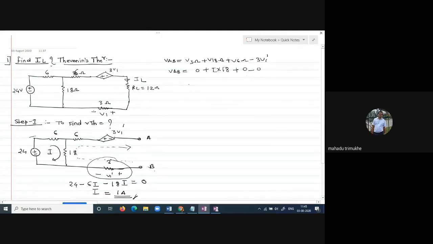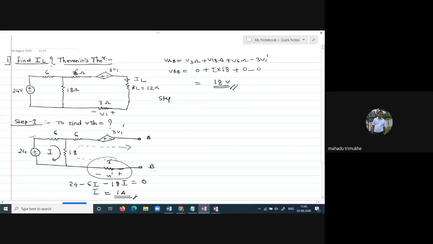Means what is left? Only 18. VAB is nothing but 18. Is this clear? Is there any doubt in that? No, sir. Okay.